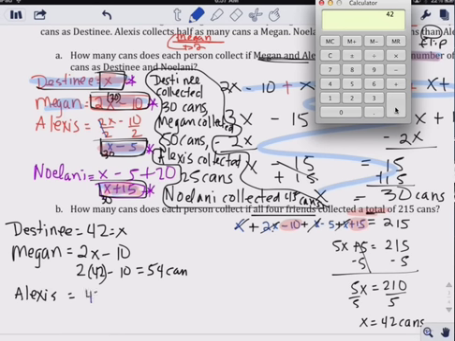So 42 minus 5 is 37 cans. And Nolani collected x plus 15. So 42 plus 15 is 57 cans.